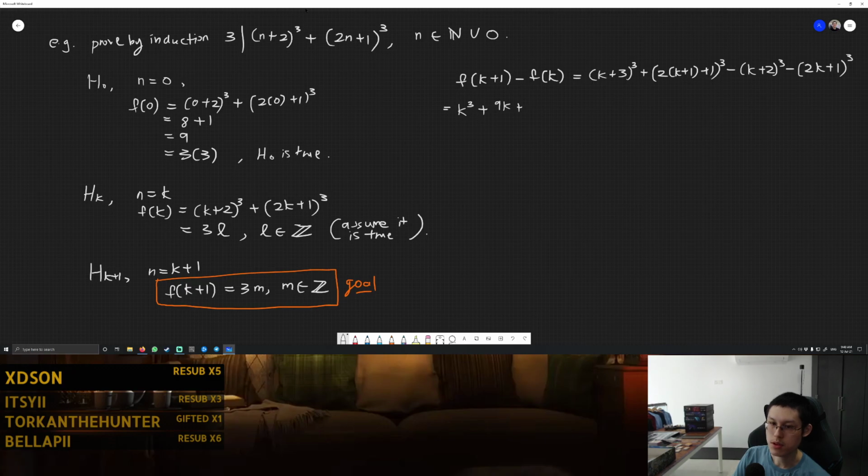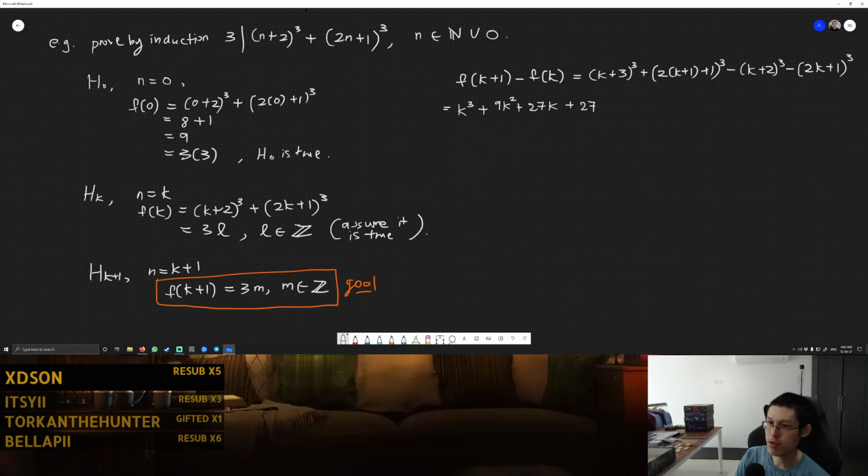This one should be 3 times 3 times 3, which is 27k. Then this one should be 27. Is that right? So we know the coefficients are 1, 3, 3, 1. And this one should be 3 to the 0, this one 3 to the 1, 3 to the 2, 3 to the 3. So 3 times 3 is 9. 3 times 3 times 3 is 27. Yeah, okay. This is correct.